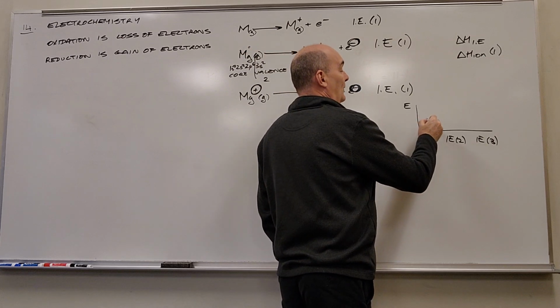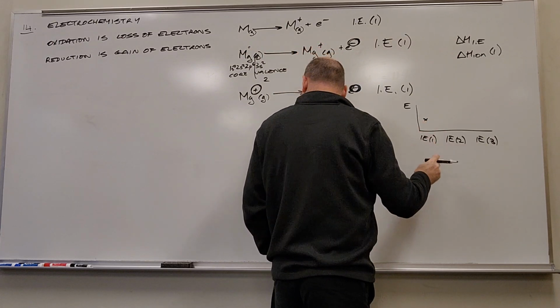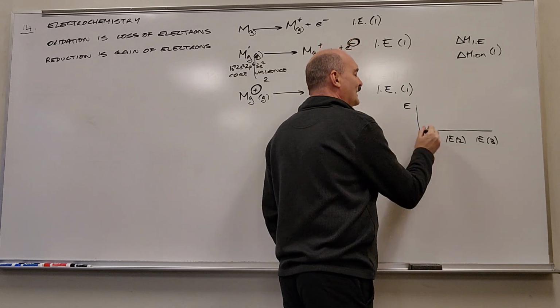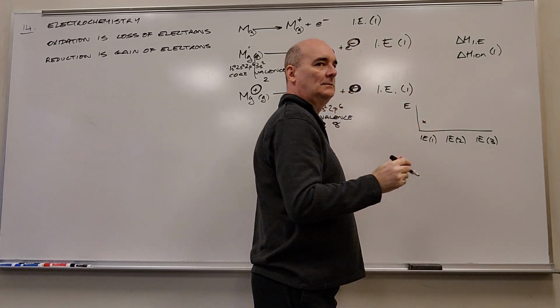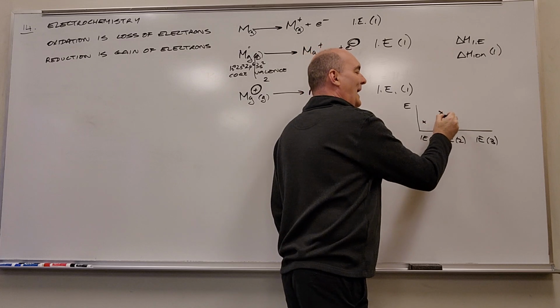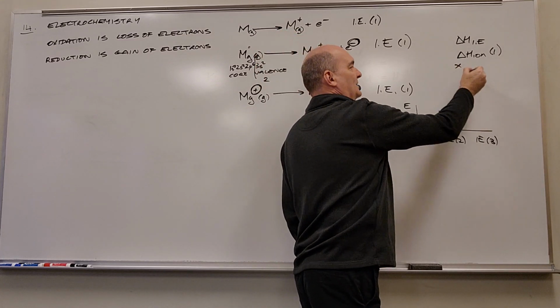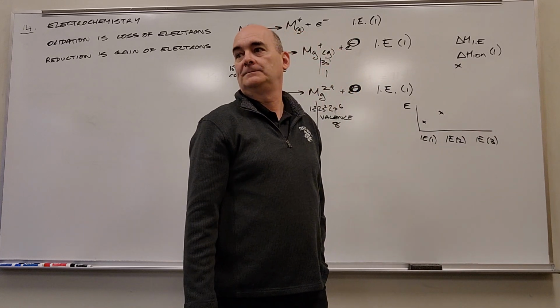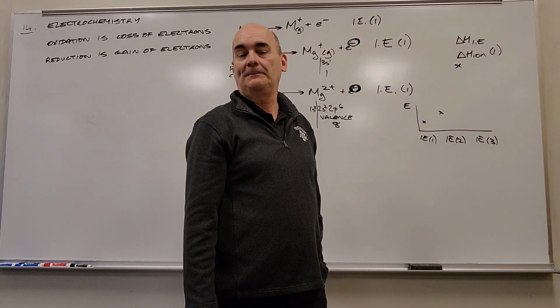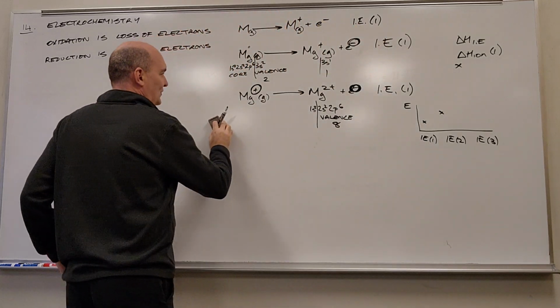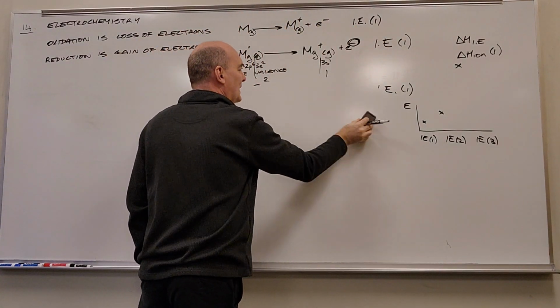The energy for IE1 might be actually pretty low, though not as low as a group 1 metal. IE2 has to be harder. IE3 is out of range. Okay. So, metals oxidize. They oxidize by losing electrons.